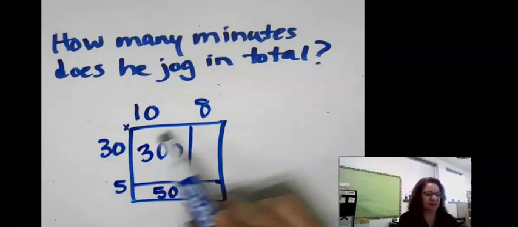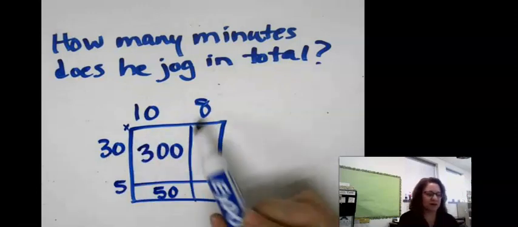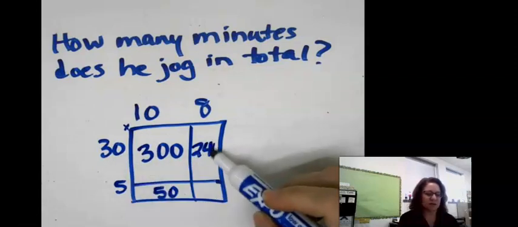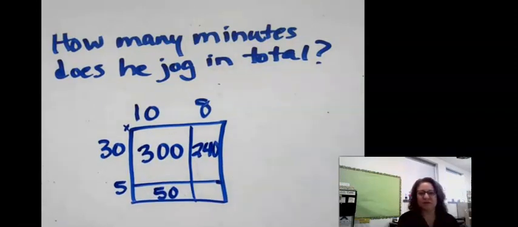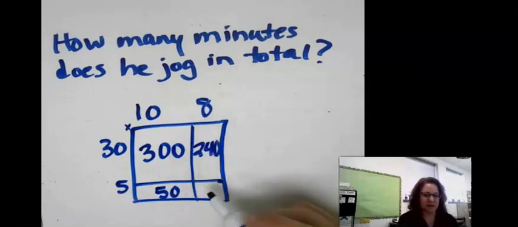Next step, 30 times 8, or 3 times 8, plus 1 trailing 0. So 30 times 8 is 240. Okay, and then last one, 5 times 8 is 40.